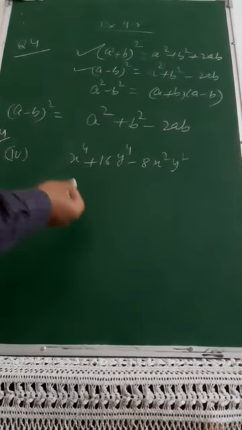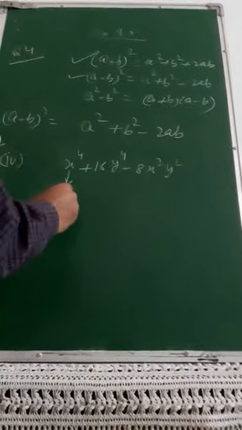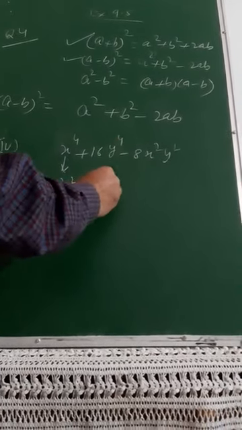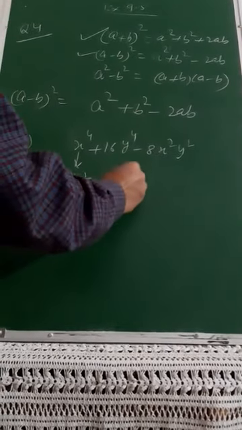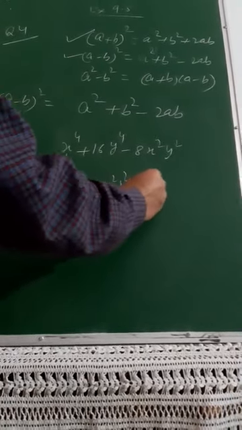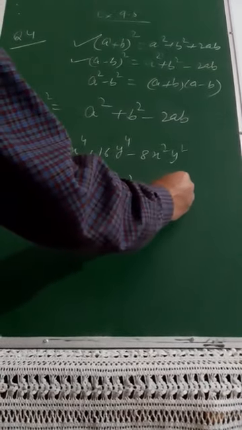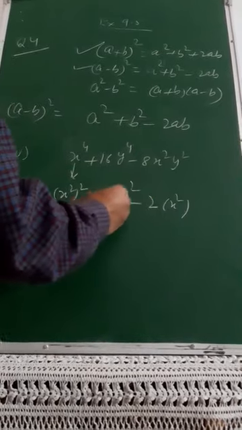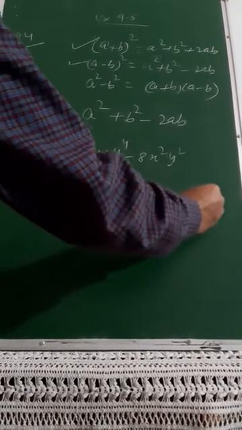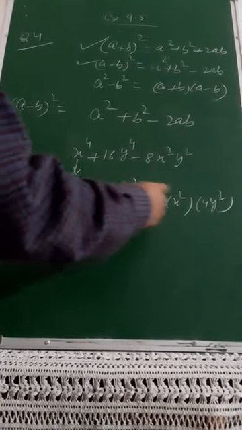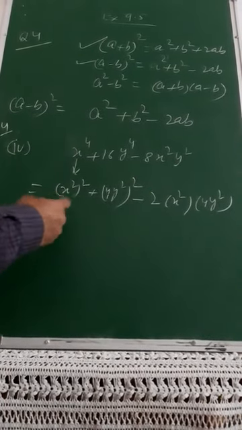So here again, this is a perfect square, the square of x square. Then 16 again is a perfect square for y, 4y square is the square of 2y square only. So a square plus b square minus 2ab. What is a? A is x square, and b is 4y square.